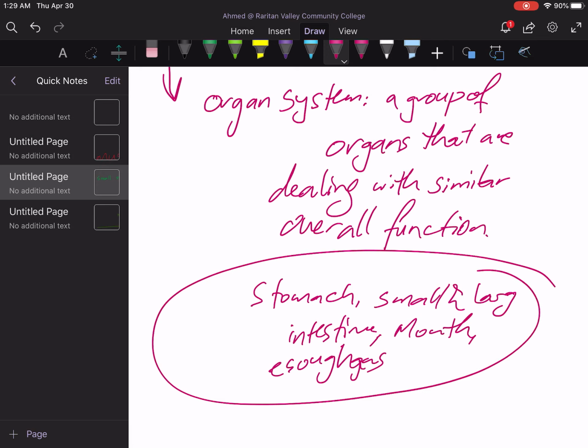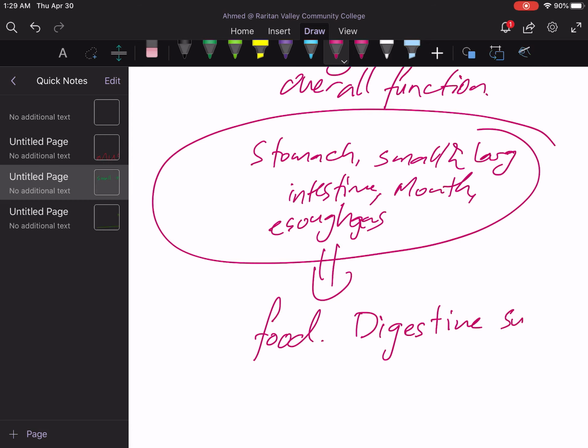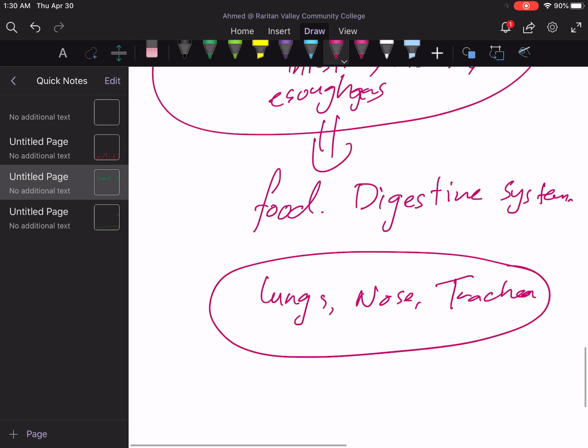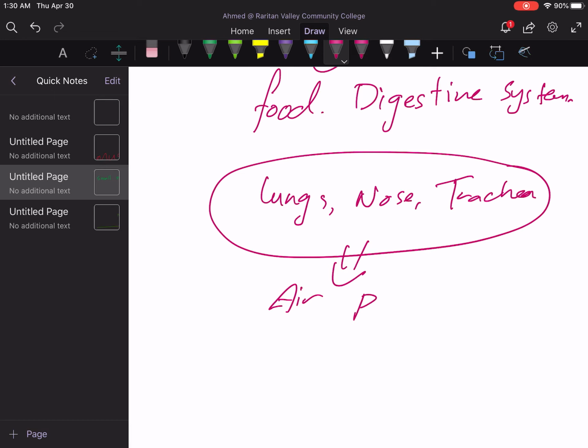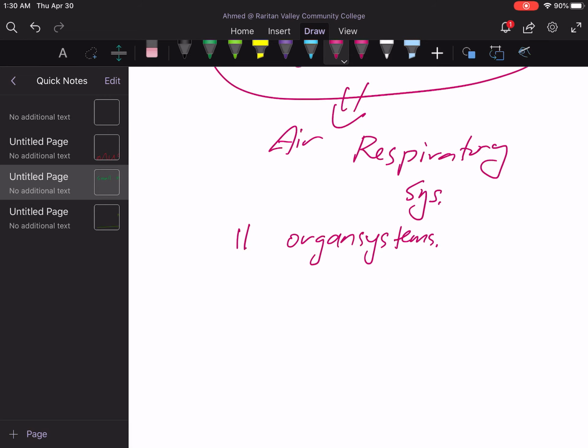All of these organs are dealing with food, so we call them the digestive system. Similarly, we have the lungs, the nose, the trachea. All of these organs are dealing with air, so we call them the respiratory system, and so on. We have 11 different organ systems in the human body. We will see them in a bit.